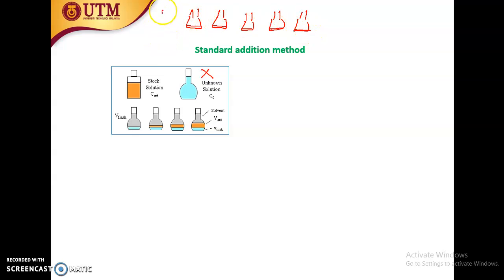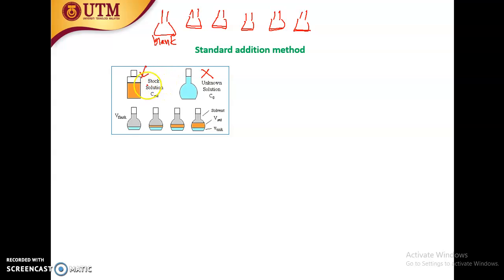And then again, compulsory to run blank. Blank means that you don't have any of the analyte or standard solution except for the matrix. Now you put a certain volume, the same volume, of sample, and then you add your stock solution.